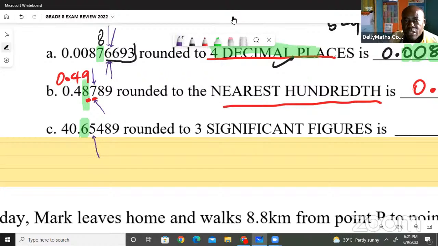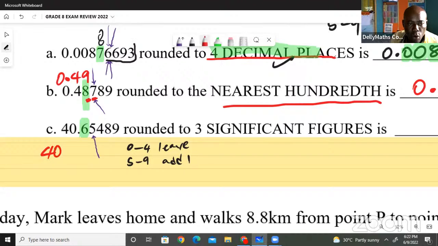Oh, so 5 is in the category of, remember, there are 2 categories. If the number to the right is in the 0 to 4 category, we leave the spot. But if the number to the right is in the 5 to 9 category, we add 1. And definitely this is in the 5 to 9 category, which means that the answer is going to be 40.7.